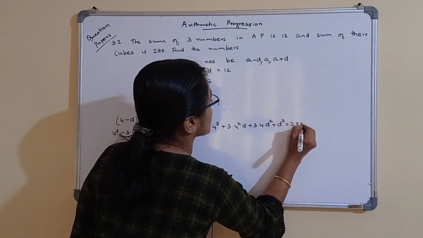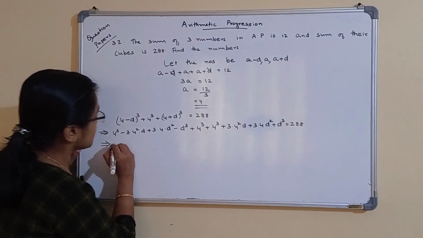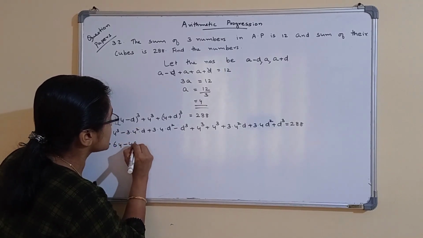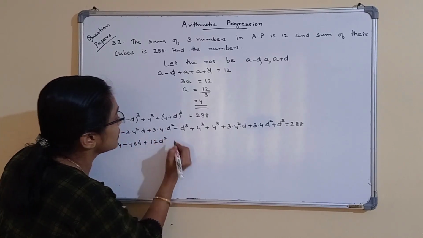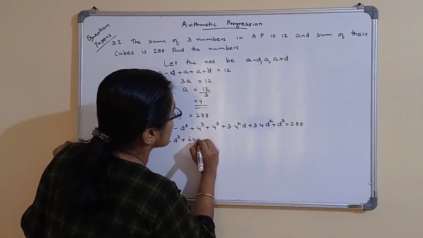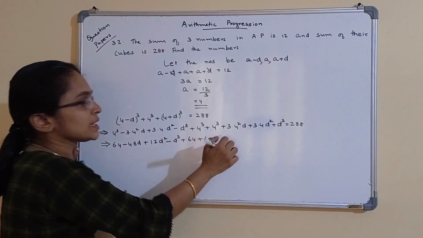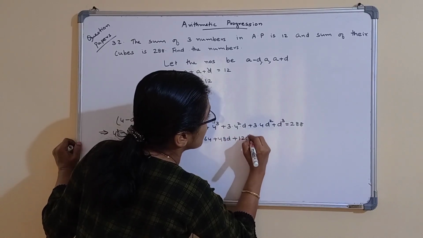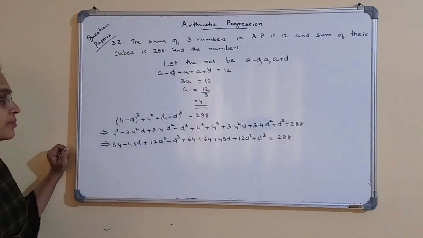And 4 cube is 64. So, 64 minus 3 into 16, that is 48d, plus 3 into 4 is 12d square minus d cube, plus 64, plus 64, plus 48d plus 12d square plus d cube is equal to 288.